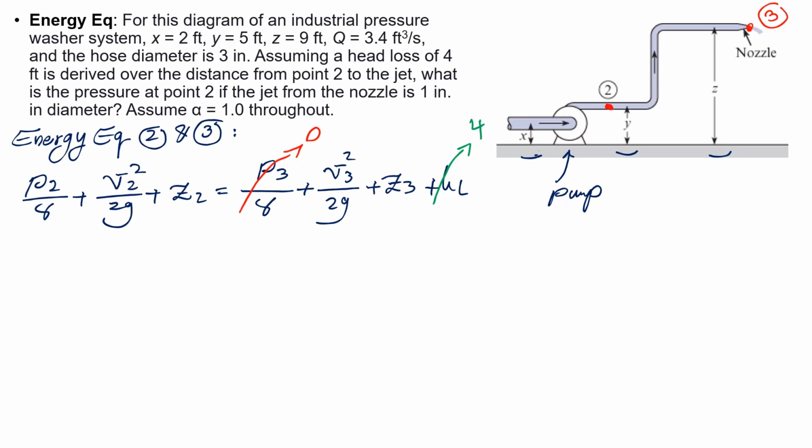So I am going to write the velocity values like this. Velocity at the nozzle, which is velocity 3, would be Q divided by pi over 4 times the diameter of the nozzle to the power 2. So Q is 3.4 cubic feet per second, and the diameter of the nozzle is 1 over 12, 1 inch divided by 12 to convert it to feet.